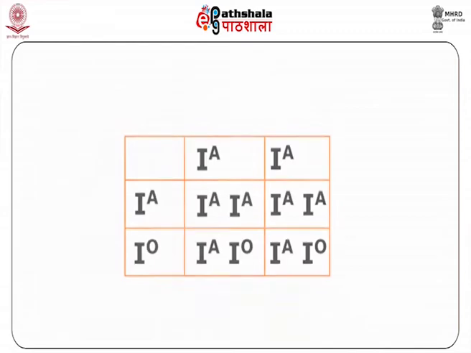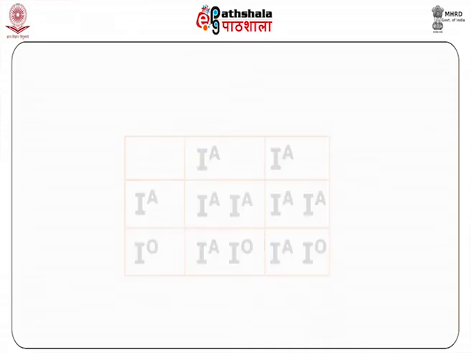So, as per the rule, the various probabilities will be IAIO, IAIO, IAIO, and IAIO. Therefore, the possibility of the blood group of the child of this couple will be only A, as A is dominant over O.